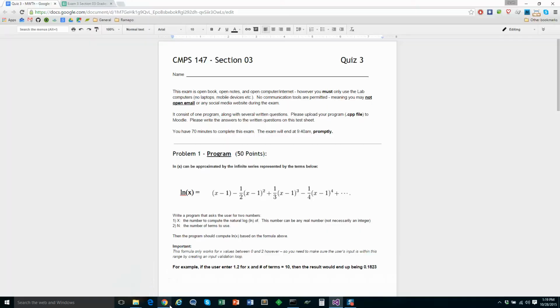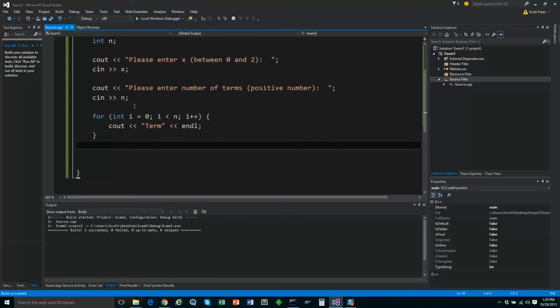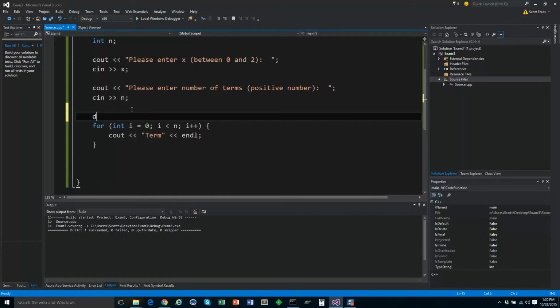Now, going back to the problem description, we had a series of repeating things. We had the sign. It goes from positive to negative, and it flips back and forth. So we can do that first. Right? I'm going to create sign, and it starts positive. I'm going to print this out.